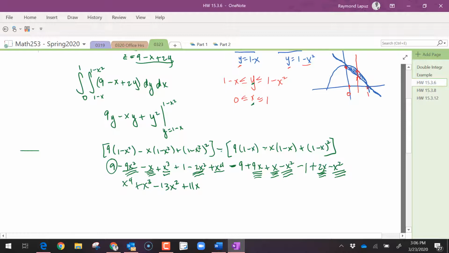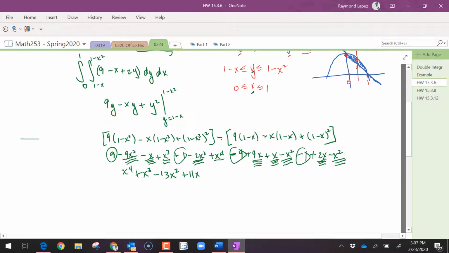And then we have constants left. So it looks like positive 9, negative 9, positive 1, negative 1, and that accounts for everything. So that's just 0. Okay, we have the inner integral.